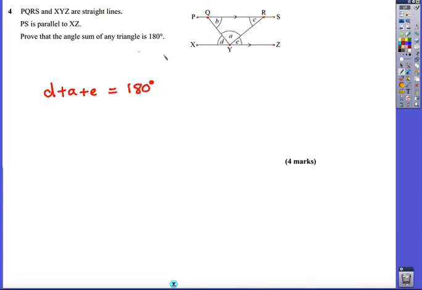And the reason for that is because XZ, or XYZ, is a straight line. Because angles on a straight line sum to 180 degrees.